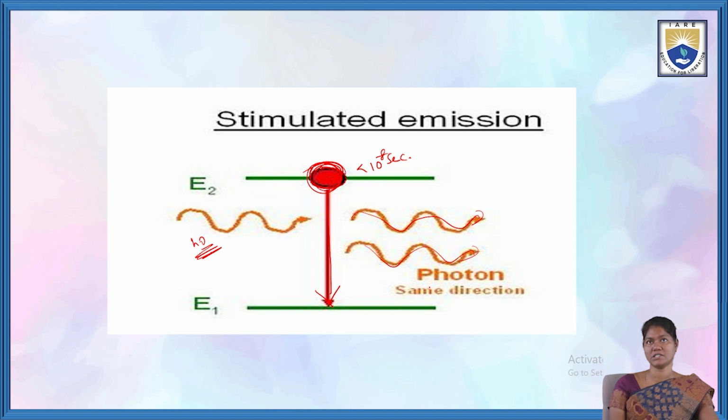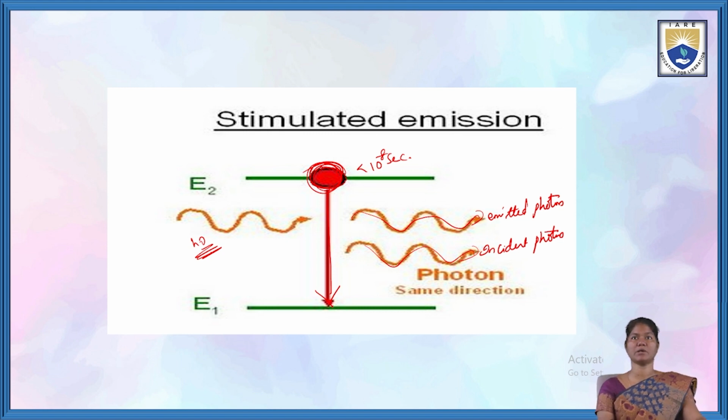So two photons, that is the emitted photon and then the incident photon. By emitting two photons, one is the emitted photon, another one is the incident photon. These photons have the same direction, and they are in phase.